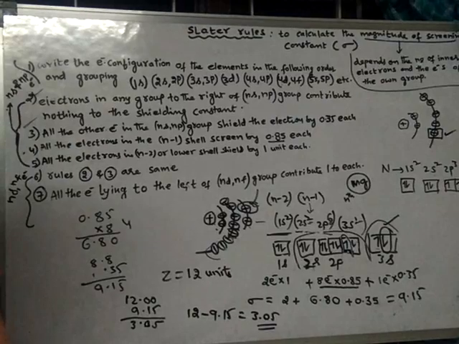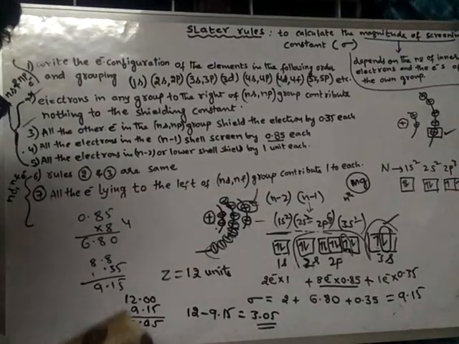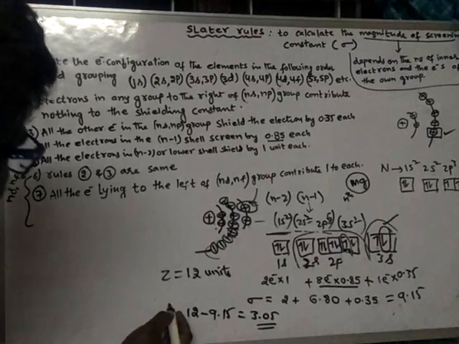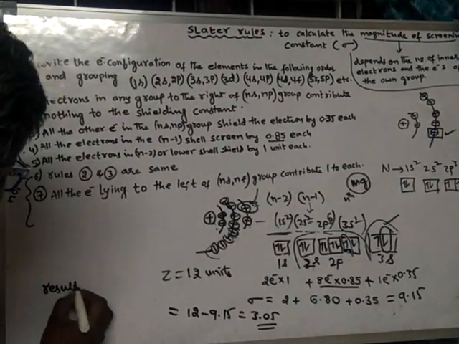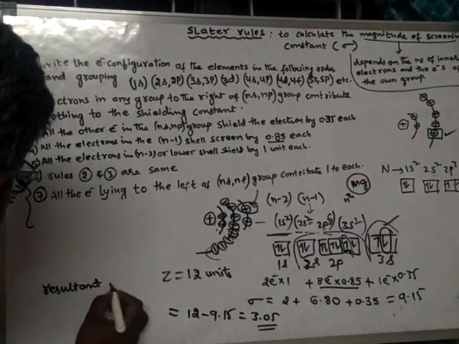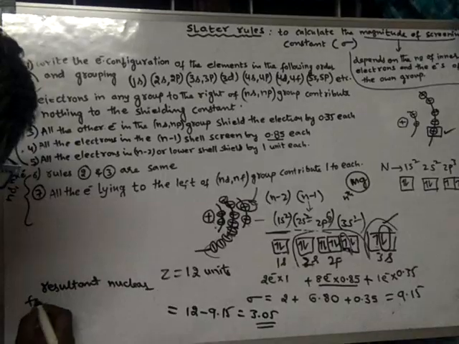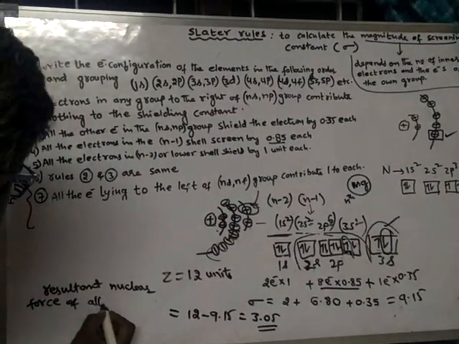Like this we will calculate the screening constant and also the resultant. This is called the resultant nuclear force of attraction.